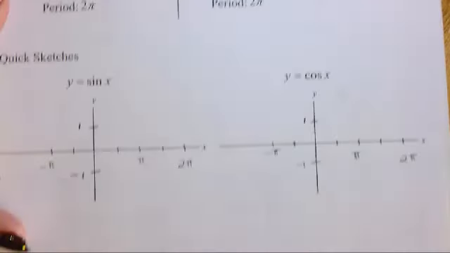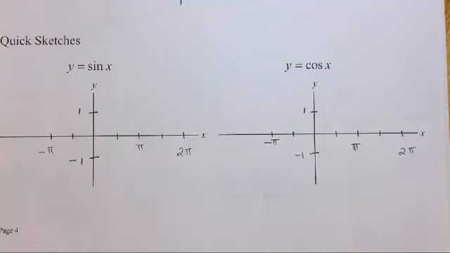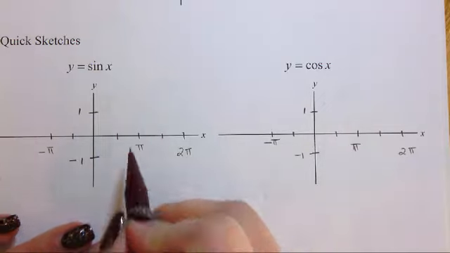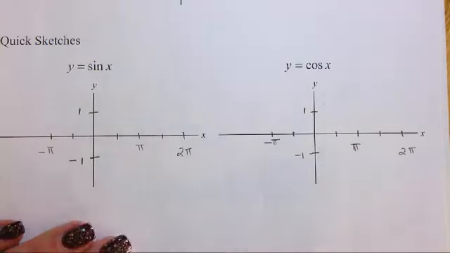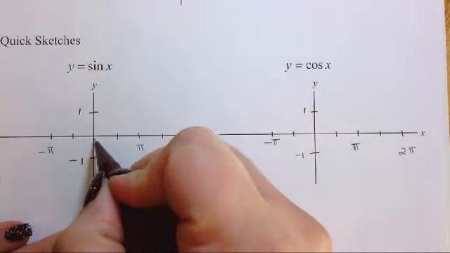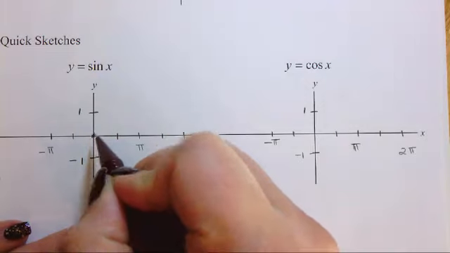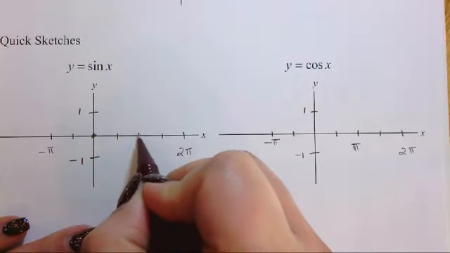One thing that you need to get good at is drawing a quick sketch of both of those. I have already put onto my scale 1 and negative 1, and I'm showing the intervals of pi. So pi, and then this is pi by 2. For sine you always want to remember to start right here, and you cross right here.